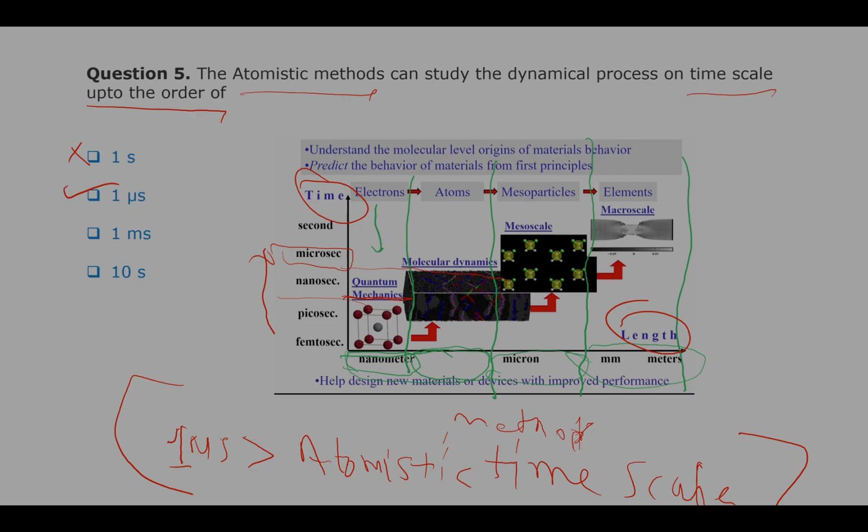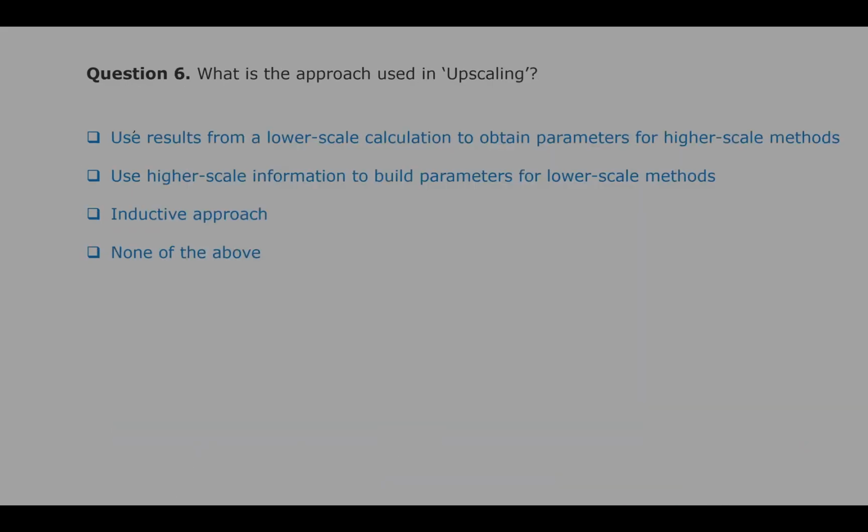This is also wrong because 1 second is coming about this mesoscale, up to mesoscale. 10 seconds is not at all given here, so second it will go to macro scale, and 1 microsecond, millisecond also it will come here itself somewhere. So maybe we can say that macro will be in second and meso will be in millisecond. So this is also wrong. That's how you have to solve this.